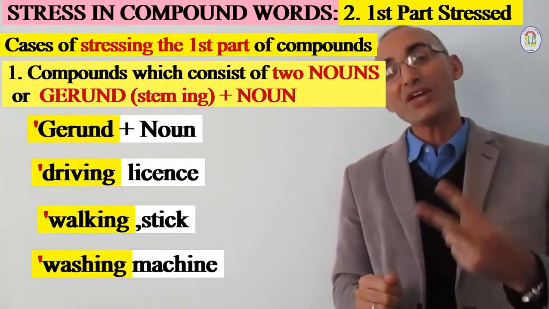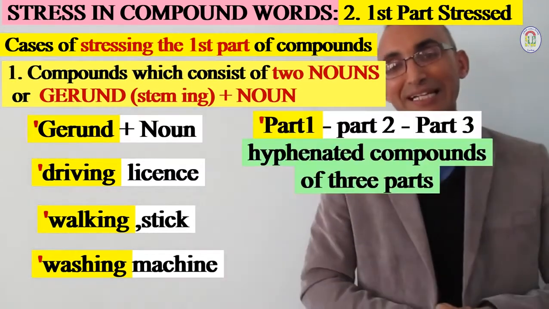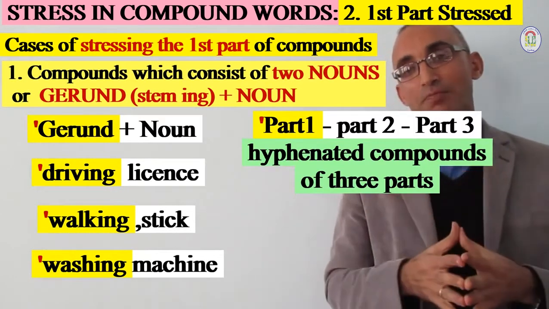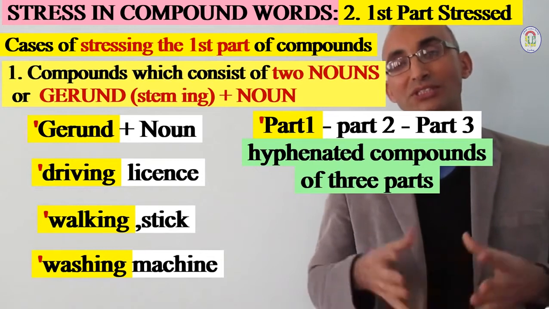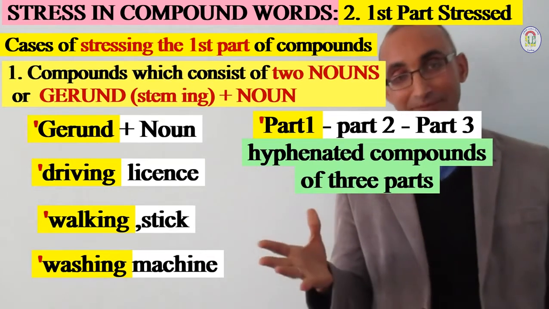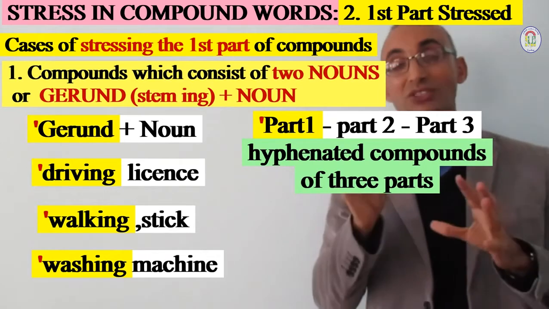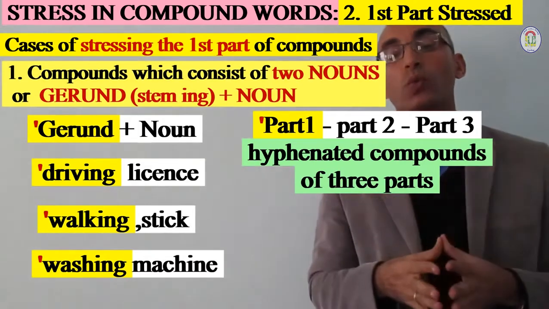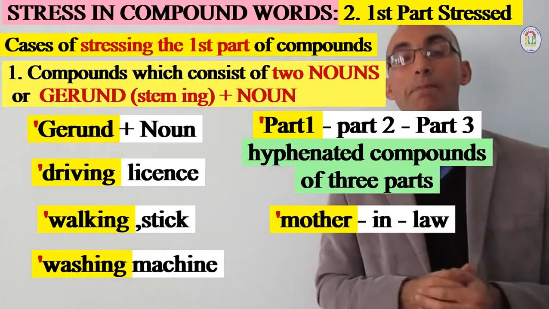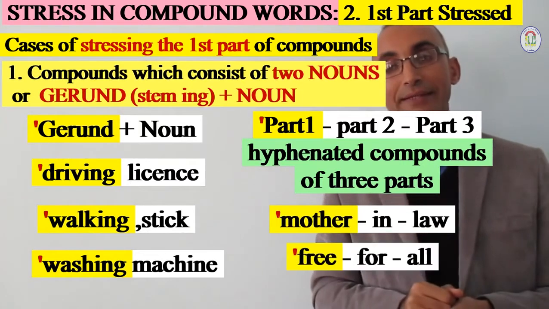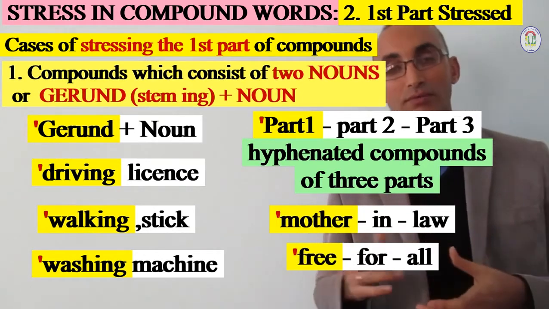Right. And also in some cases when we have hyphenated compounds that consist of three parts, and they contain in the middle a short word, example like mother-in-law and free-for-all.